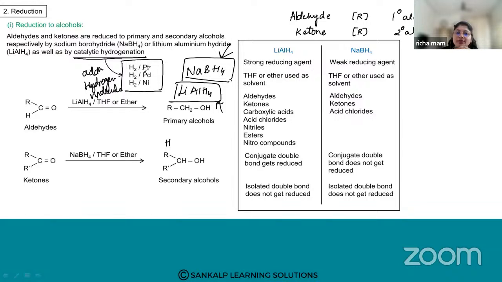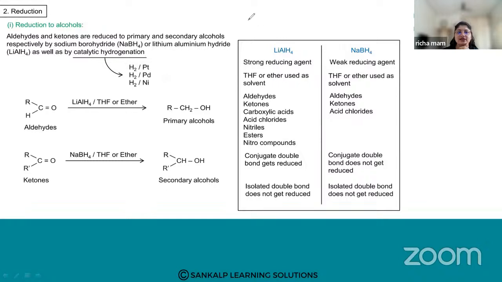In the presence of platinum, palladium, or nickel as the catalyst. So aldehydes and ketones are reduced to primary and secondary alcohol by using sodium borohydride or lithium aluminum hydride, or we can do catalytic hydrogenation.